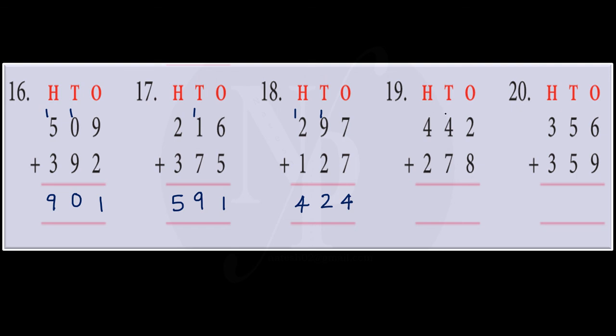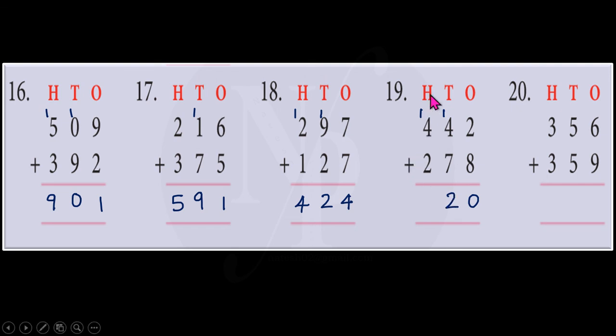So we carry forward 100 to the tens column and we write 0 here to represent 0 ones. Now we add the digits in tens column. That is 1 plus 4 is 5, 5 plus 7 is 12, 12 tens are regrouped as 100 and 2 tens. So 100 is carried forward, 2 tens are written in tens column.